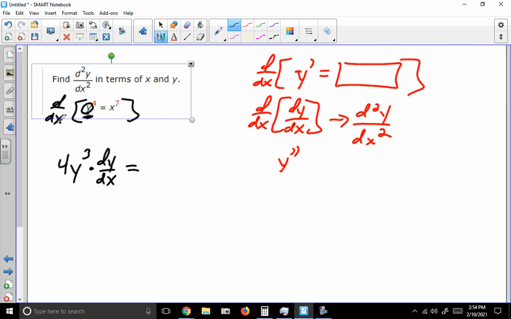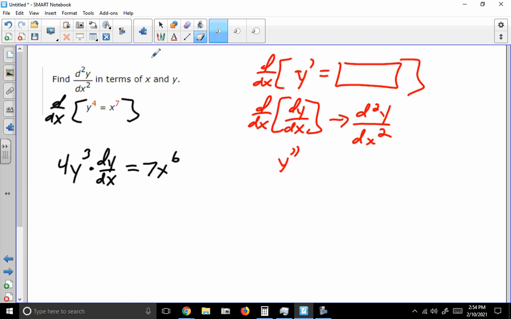On the right side, our variables match, so the derivative of this with respect to x is just 7x to the 6th. Basically here, if our variables match, we just take a simple derivative. If they don't match, we take that derivative and then we pick up dy over dx. But that comes from, this is the derivative of the inside function.